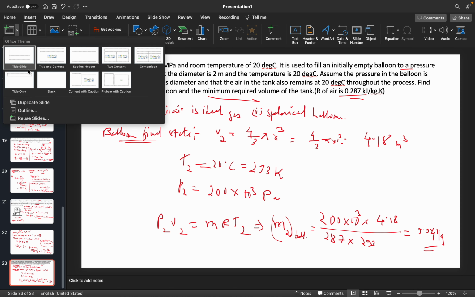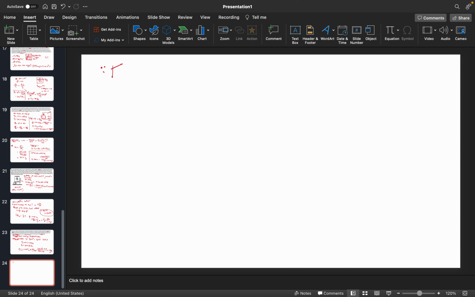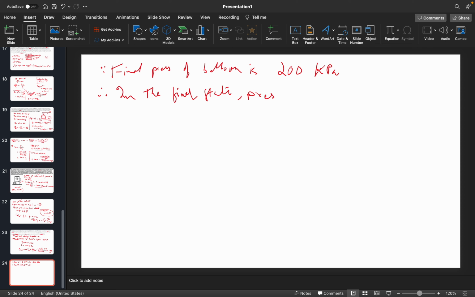Now, since the final pressure of the balloon is 200 kilopascal, therefore in the final state the pressure of the air inside the tank should be greater than or equal to 200 kilopascal, because the air is flowing from the tank into the balloon.